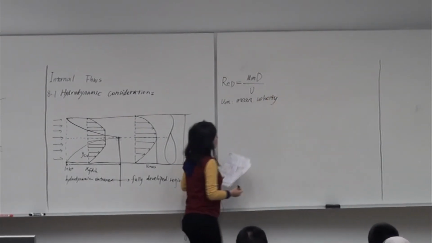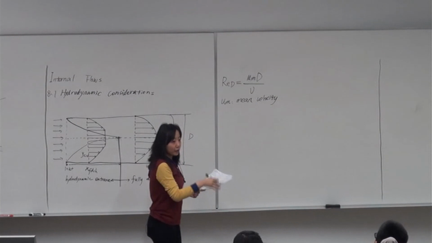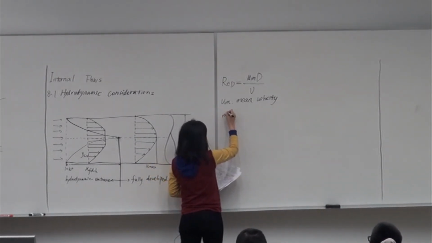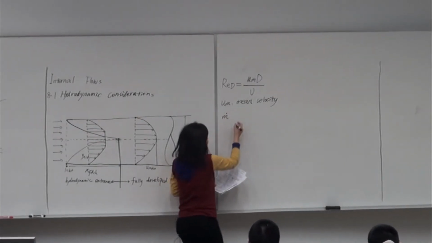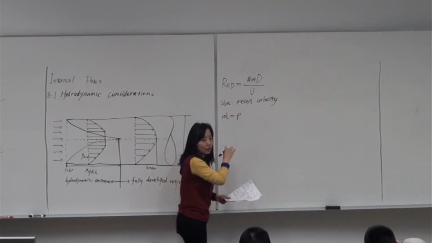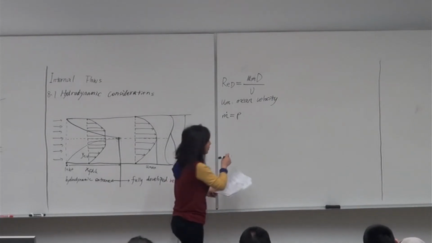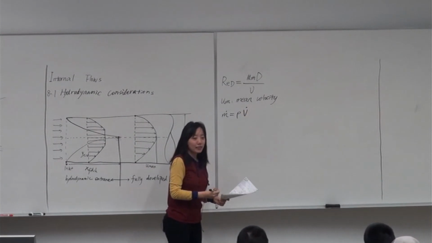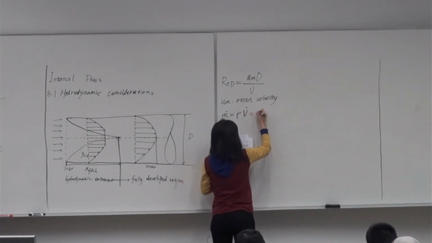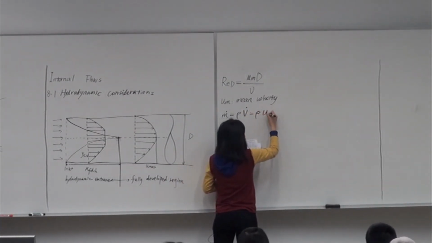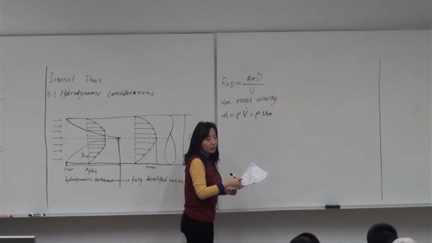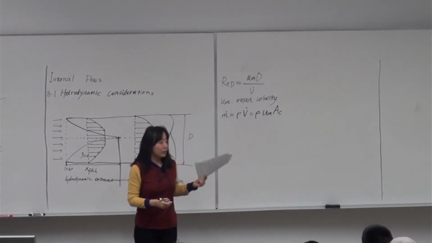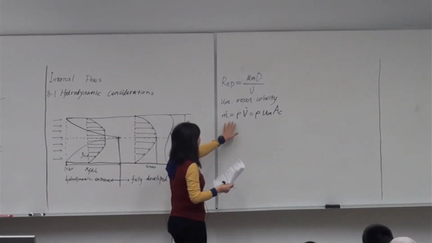How can we relate the two? It can be easily related to the mass flow rate, which we learned on the first class of the second week. It is the density times the flow rate, and the flow rate is given by the mean velocity times the cross-sectional area of the tube.